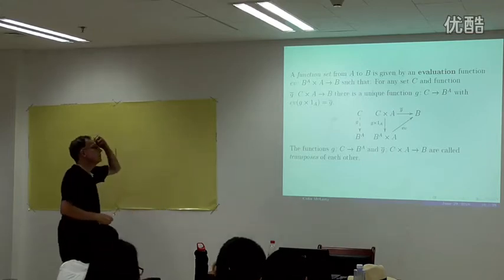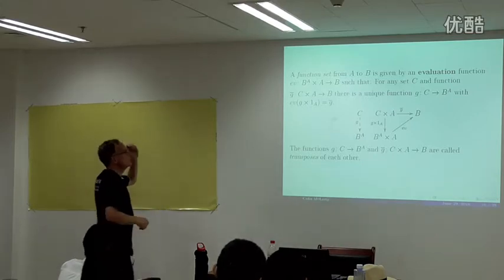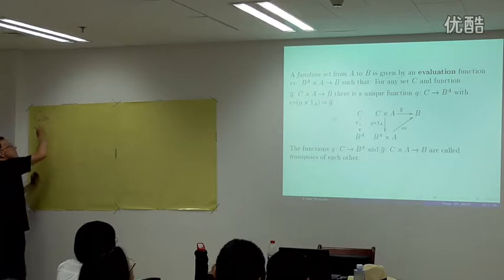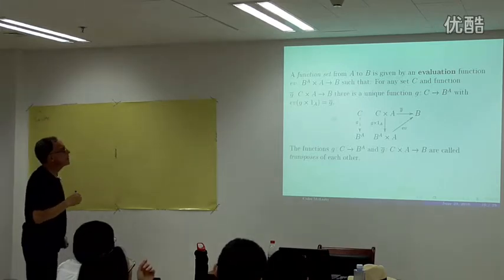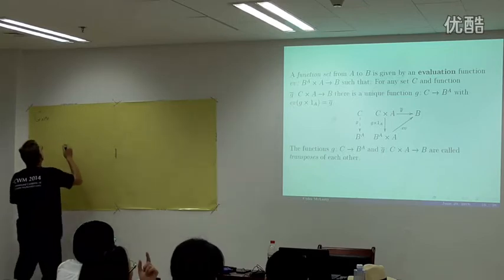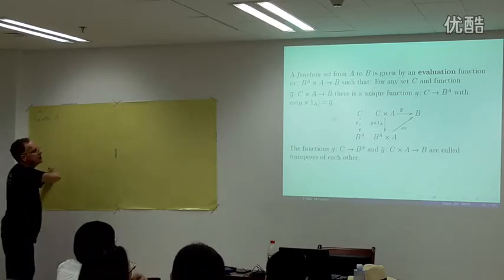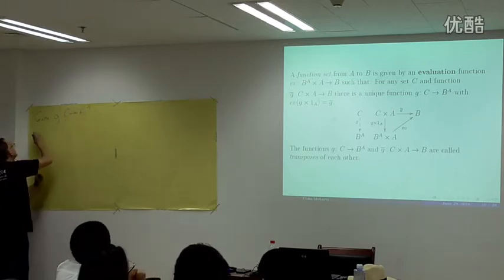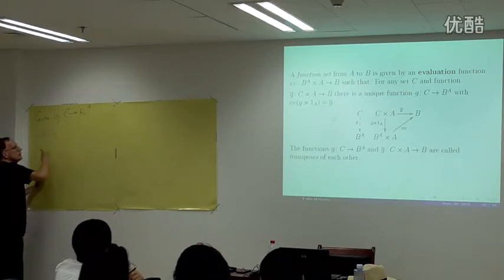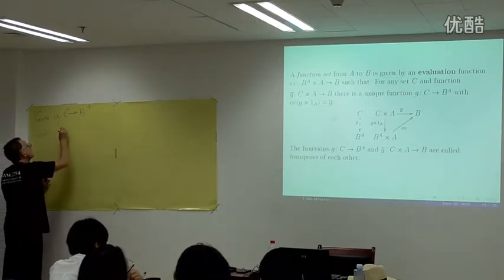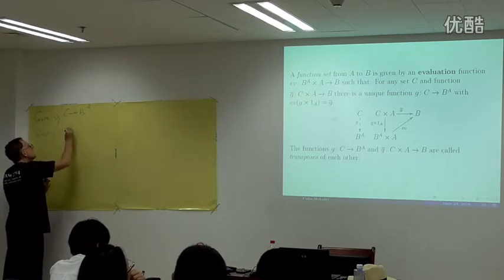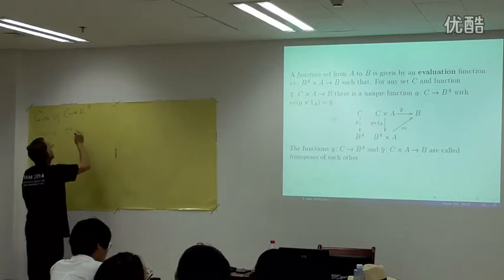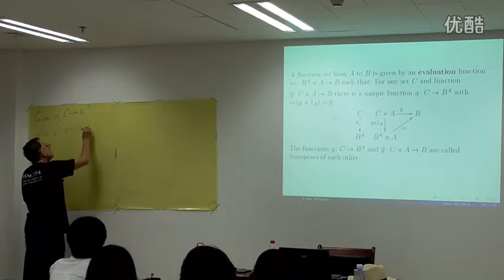Yeah, the idea here is given G from C to B to the A, what is evaluation, and I didn't put subscripts on that, of G cross 1 sub A?